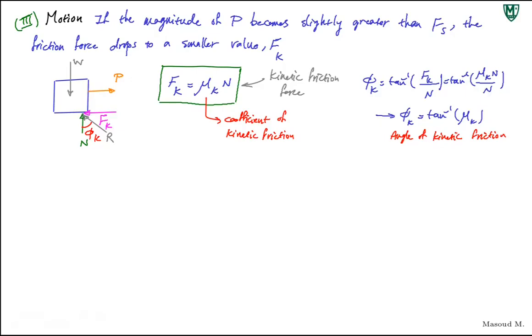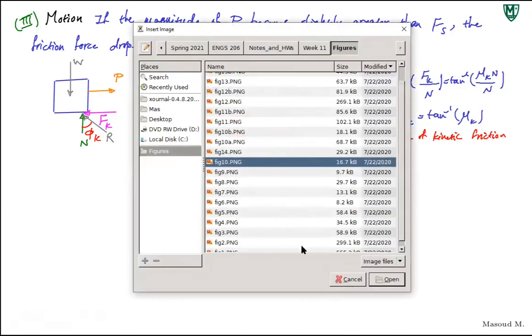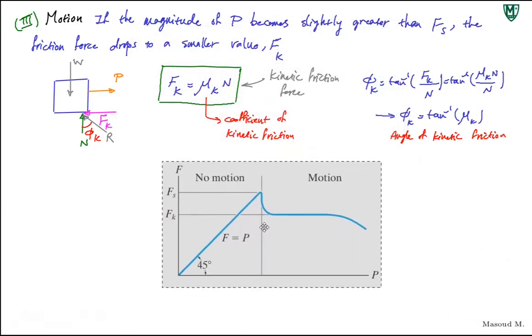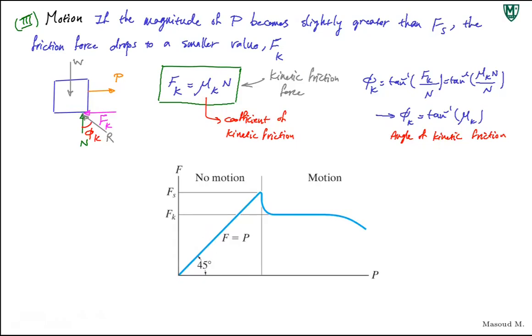So if I wanted to bring this graph here. There you go. This is a pretty good representation of what happens. The vertical axis, the y-axis, is representing friction, and this is force P you are applying. When you increase P, your friction force increases.